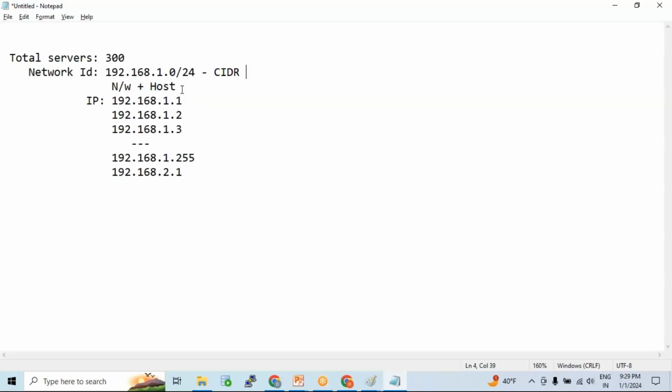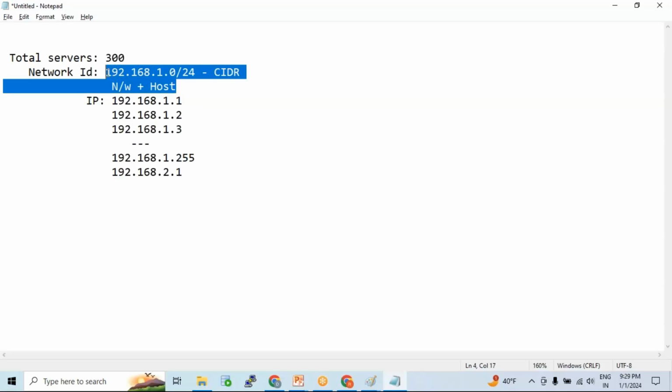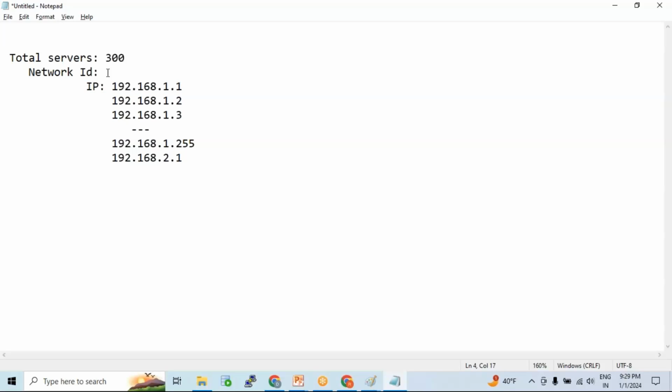Now let's say I'm removing this whole network part. Again, come back to the same scenario, guys. If I ask you a question, hey, tell me 192.168.1.1, 192.168.1.2, are these two IPs belonging to the same network or not? Can you give the answer at this time based on the information that you see on the screen without having a network ID? No, right?